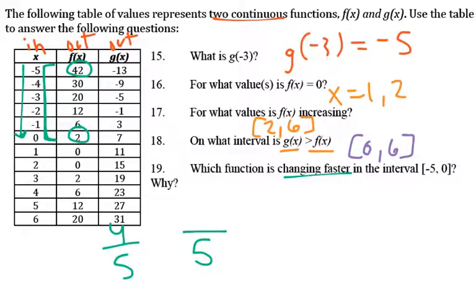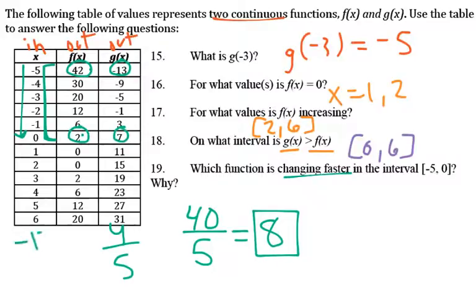In 5 x's, we go from 42 to 2, so we're changing by 40. So our slope would have been 8. So it changed 8. Okay, now g of x, we go from negative 13 to 7. So negative 13 minus 7 is negative 20 for the change in the y value, over the change in the x value of 5, so it's a negative 4.